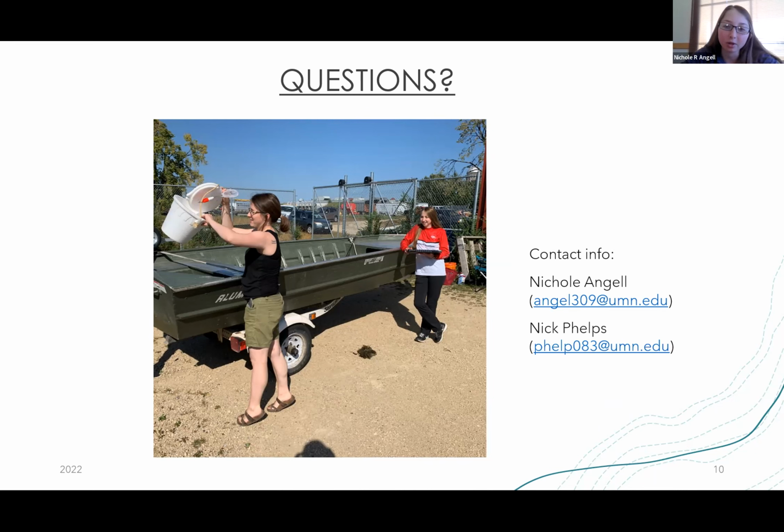But we did have to go through with the longer process of IRB, and yes, it got approved already, so we're good to go. And we're expecting to roll these methods out this coming spring and summer at boat launches in both Duluth and the Twin Cities areas.